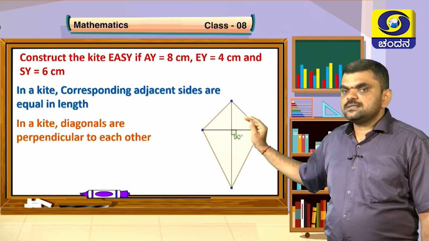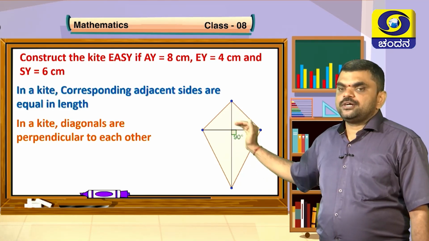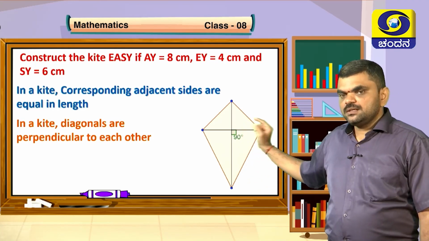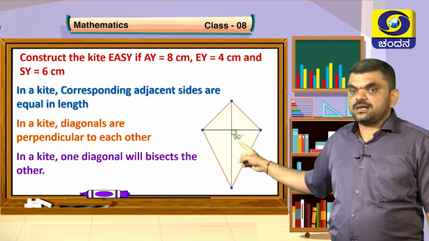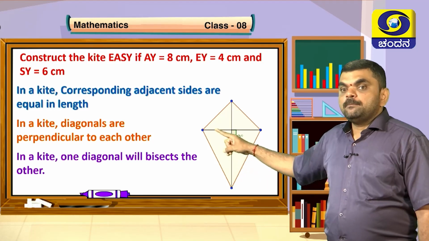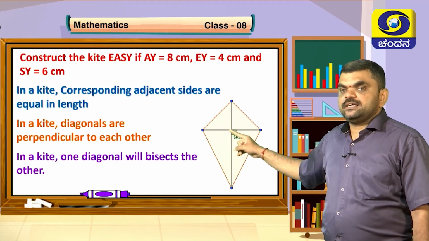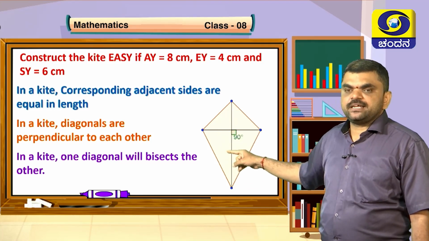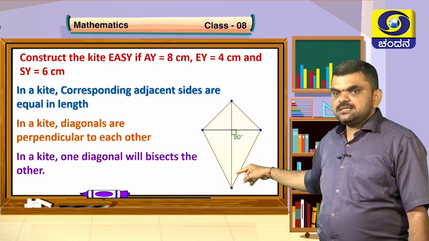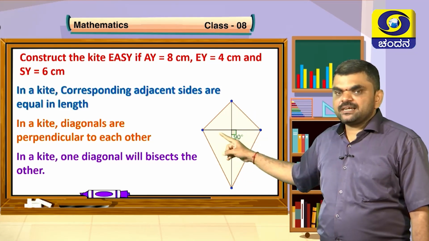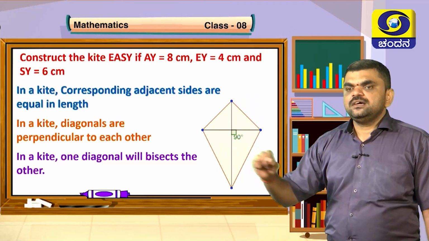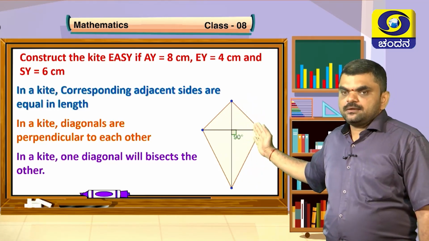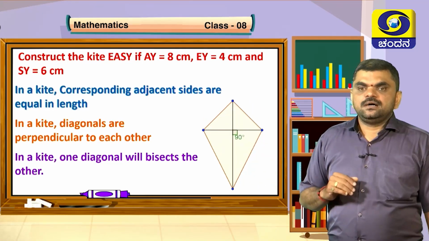The diagonals are perpendicular to each other and one diagonal bisects the other diagonal here, children. Both diagonals are not bisecting, but one diagonal, that long diagonal, is bisecting this short diagonal here, children. Bisecting means equal in length, right, children.